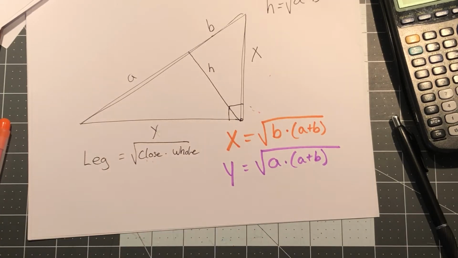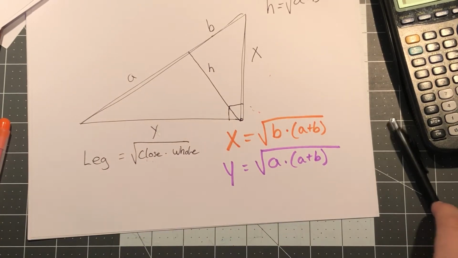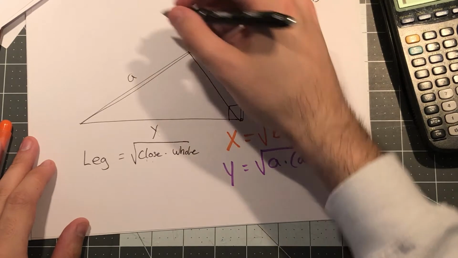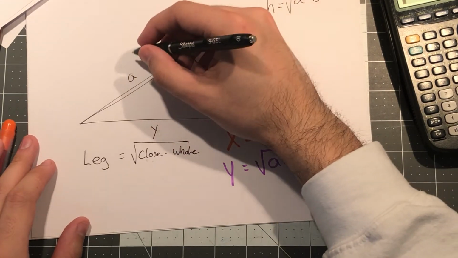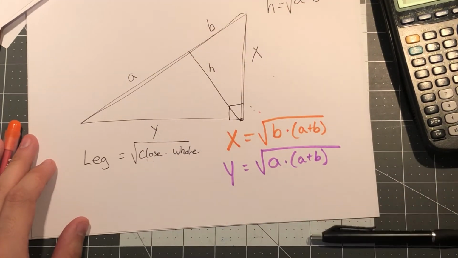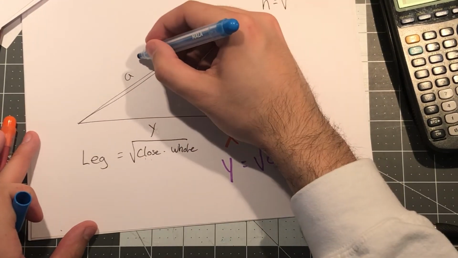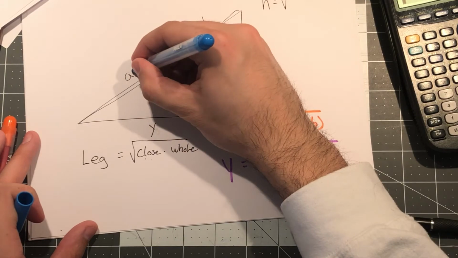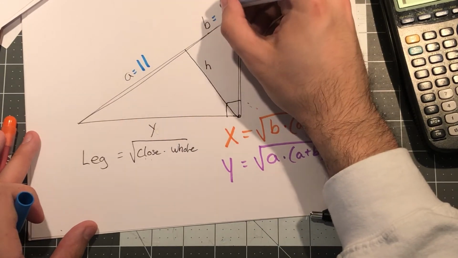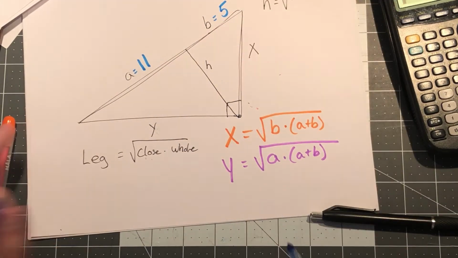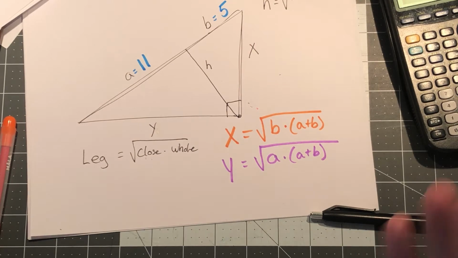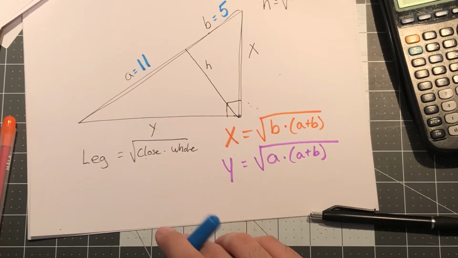Let's put some numbers to it and see if we can find out what things are. Let's imagine for a moment, I'll use a color so we can follow along. If we say A is 11, and we say B is 5, we can find all the pieces of the triangle.